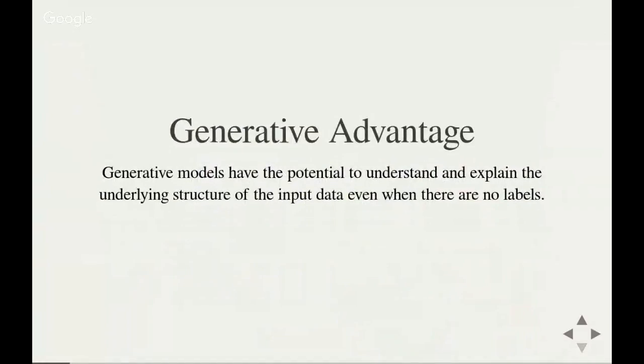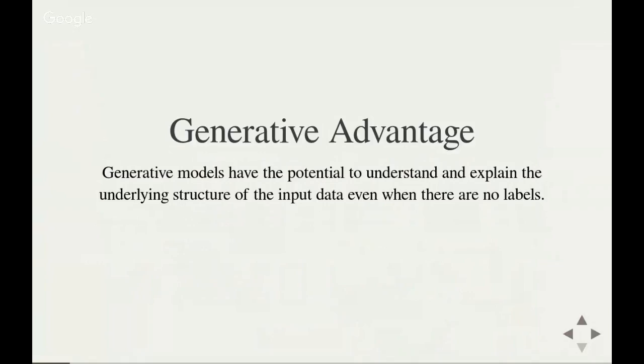One of the advantages that generative models have is the ability to describe the underlying structure of the input data. Going back to that previous diagram, rather than just saying this is a cat or this is a dog, I have some concept about the space in which cats exist or the space in which dogs exist. And I can do this even potentially when there are no labels.